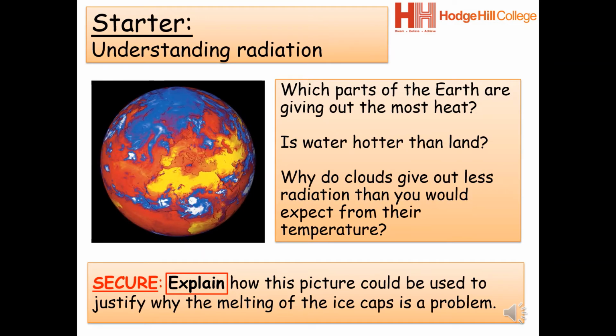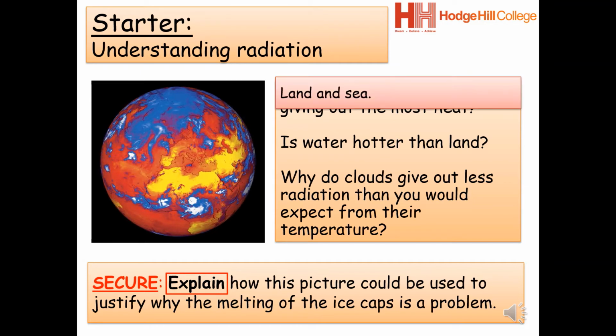Understanding radiation. Now, the question here says, which parts of the earth are giving out the most heat? And if you look on the diagram on your left, you could postulate that it's somewhere over where the land is. So you find that it's the land and the sea. Is water hotter than land?